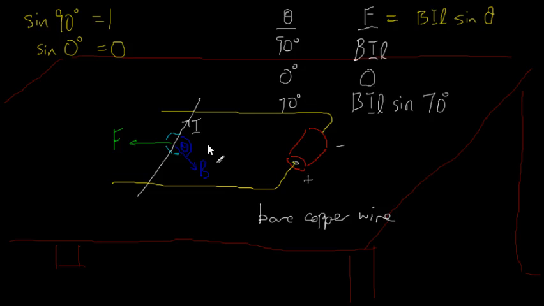Okay, and in a way, it makes sense if you think in terms of the direction, because by the time the angle goes to 0, the magnetic field would be along the same direction as the current. Now, if both the field direction and the current direction are the same, then you would not be able to determine the direction of force, because all we then know is that the force must be at 90 degrees to both the current and the field.